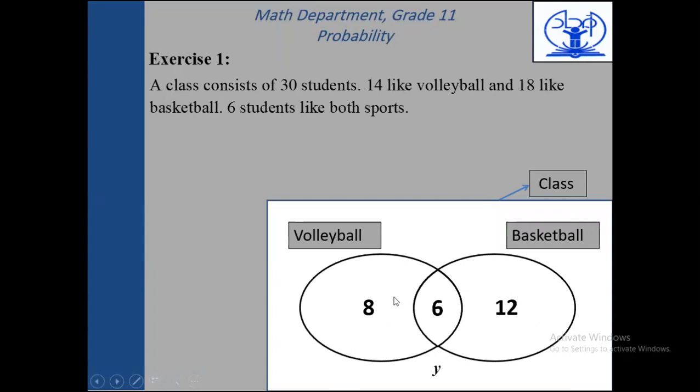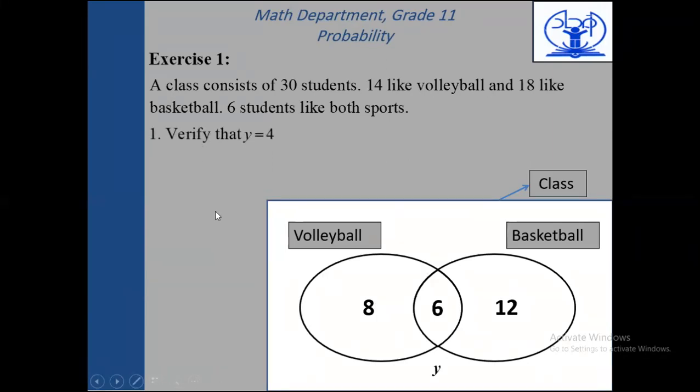So the set of volleyball students is this set consisting of two parts. 8, these 8 like only volleyball. These 6 not only like volleyball, but they also like basketball. But when I say students liking volleyball, I'm talking about all of the set consisting of 14 students.